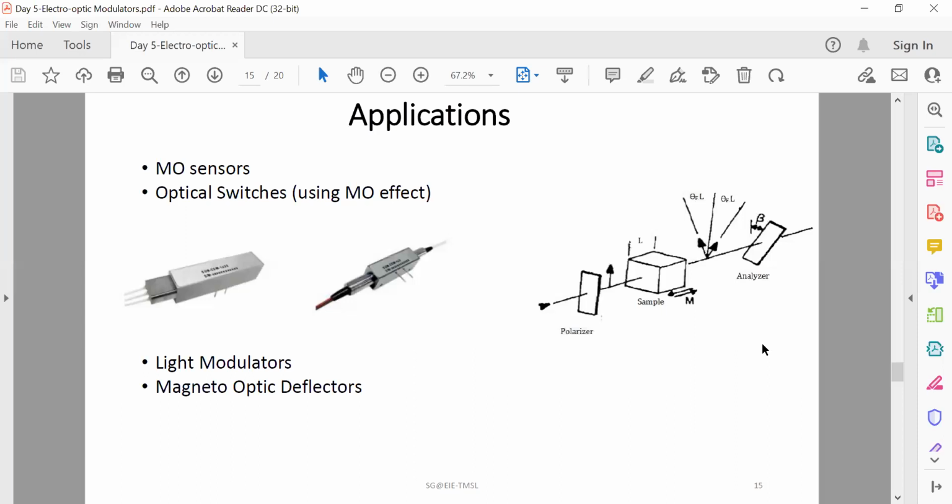These are based on the Faraday effect, obviously. Light passing through the magneto-optic medium under the influence of an external parallel magnetic field splits into two rotating circular partial waves, which have different phase velocities.